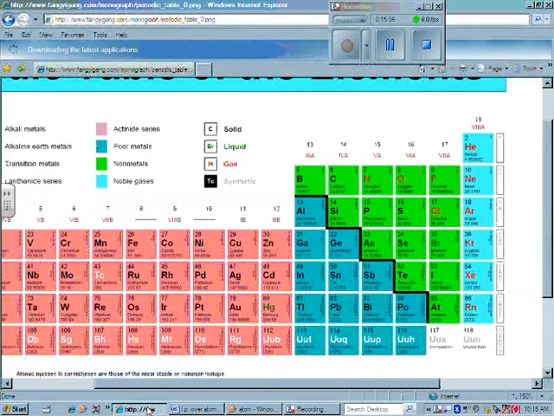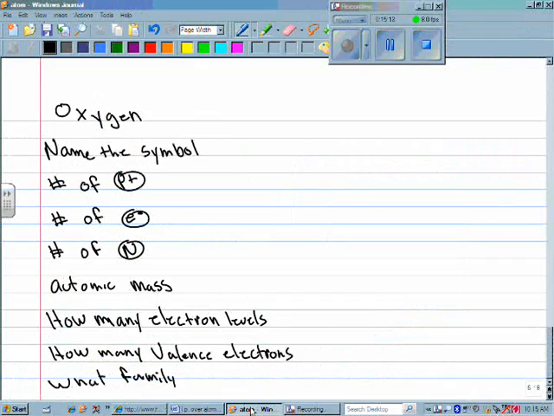So we have O, and we see right here. Everybody see the square? It is right here. So first off, what is the symbol for oxygen? So it is O. Okay.